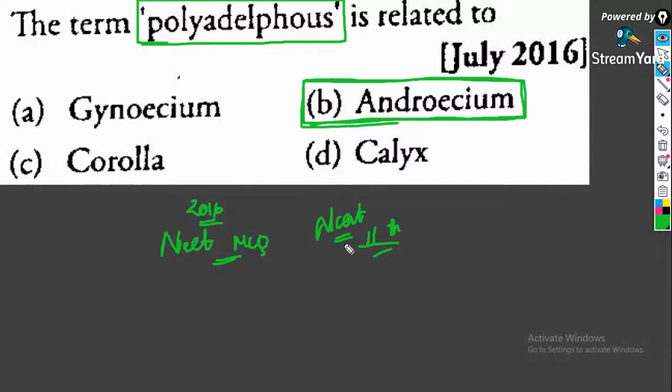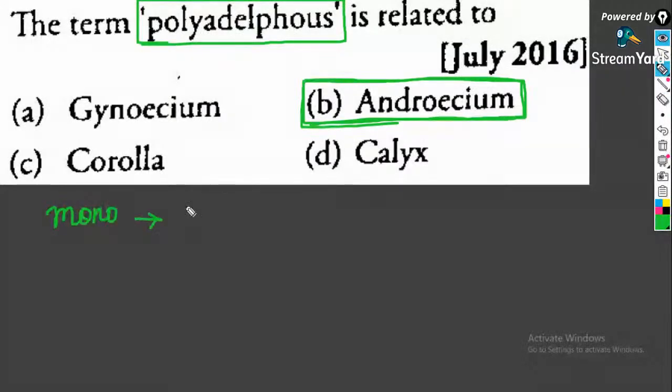You have different terms, monoadelphous, diadelphous or biadelphous, and polyadelphous. Monoadelphous means the stamens are clubbed together to form only one bundle. Diadelphous means the stamens are clubbed together to form two bundles. And polyadelphous means more than two bundles.